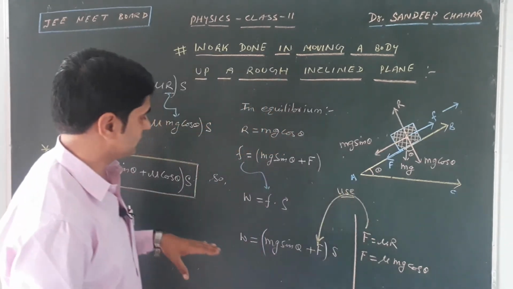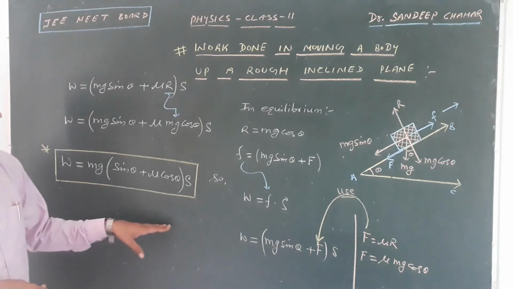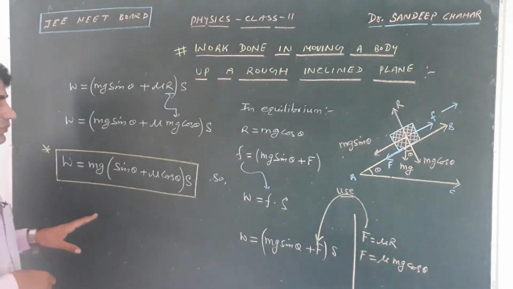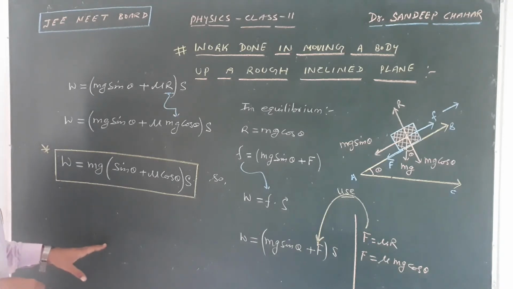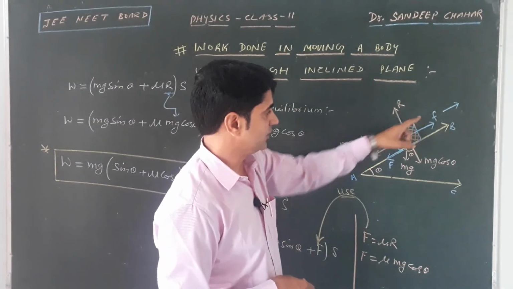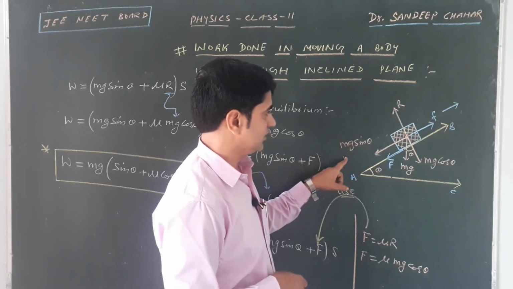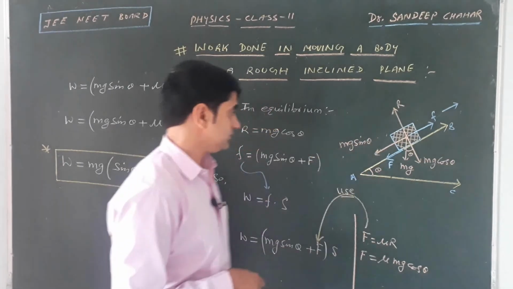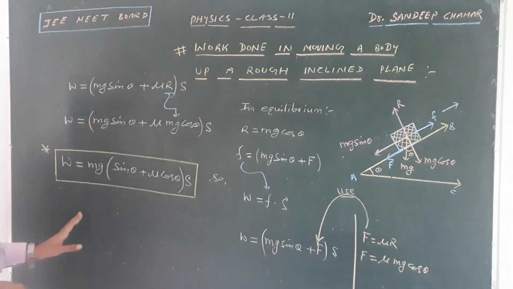But in the case of a horizontal surface, the applied force was just compensating the force of friction, and the force of friction in that case was a function of the normal reaction, or the weight of the object. In this case, the applied force must compensate one component of the weight of the object and the force of friction. That is the difference between the inclined plane and the horizontal surface.